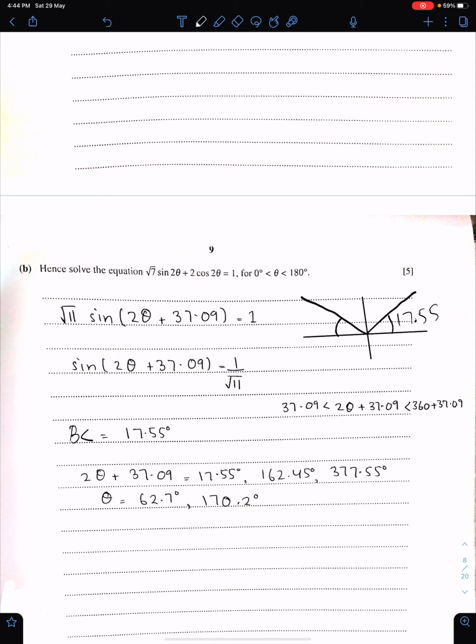Sine is positive here as well, and this is the next answer, the third answer, 360 plus 17.55, which should be 377.55. When sine is in second quadrant, the answer is 162.45.